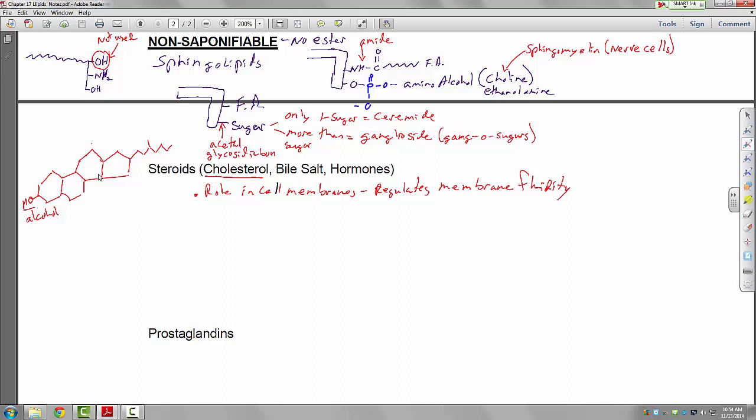The more cholesterol you have in the membrane, the more rigid it is. Now, one thing you should know about cholesterol, I'm just talking about cholesterol now. Cholesterol it's in the diet, but it's not necessary to have in the diet. It can be made in our cells, so not necessary for our diet.